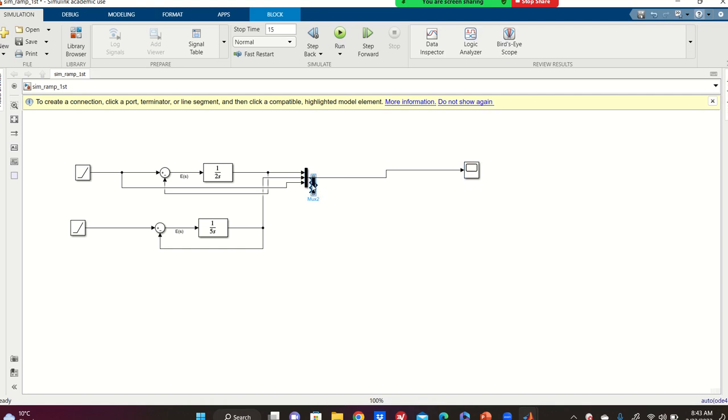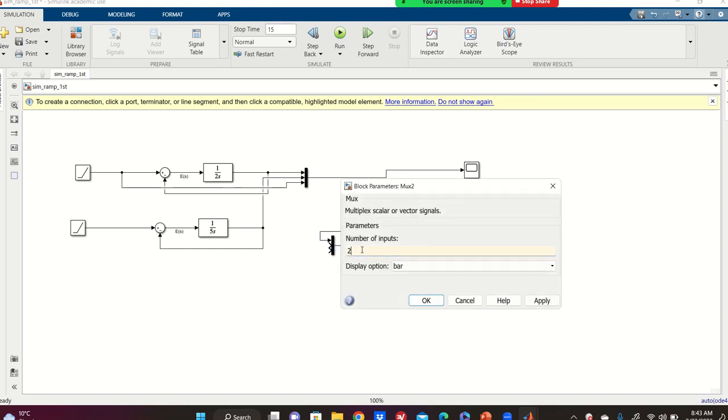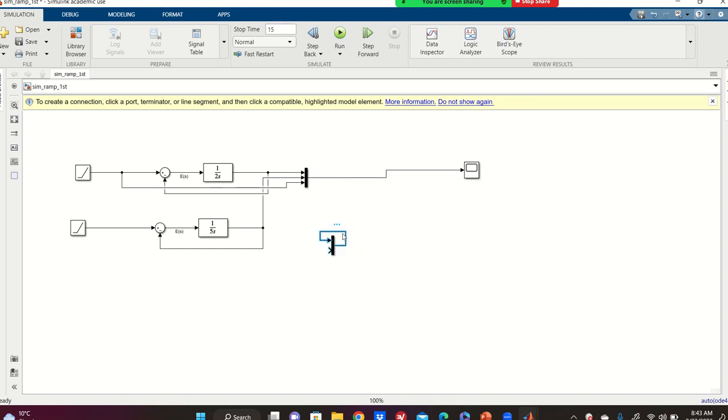So, now I'm going to show copy paste. Double click like that. To 2. Now I'm going to take from the error signals to show that the error signal is constant.